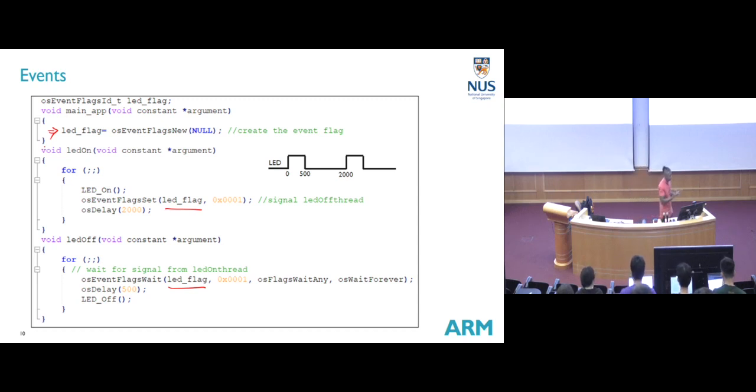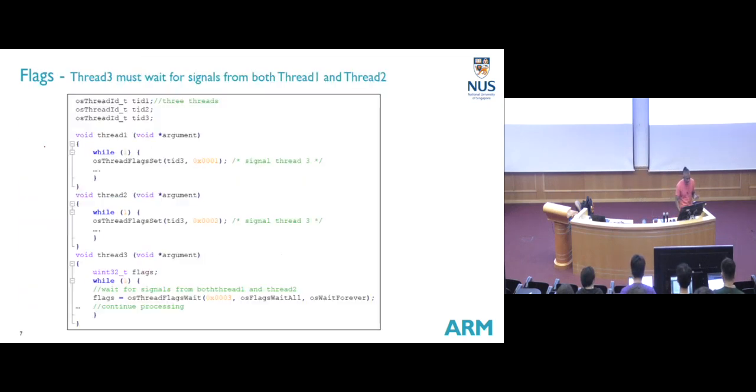It's not tied to a particular task. In the previous case with thread, when I say set, it only goes to TID 3. When I call wait, I don't need to specify which thread ID because it's only my own thread ID. Whenever I wait, I'm waiting on myself, for somebody else to send to me.